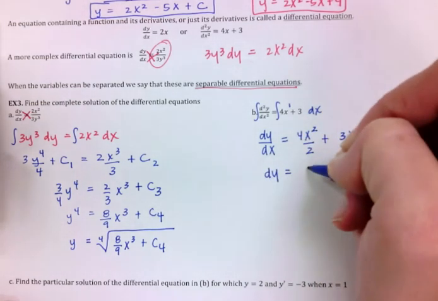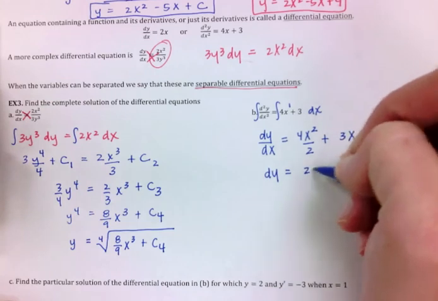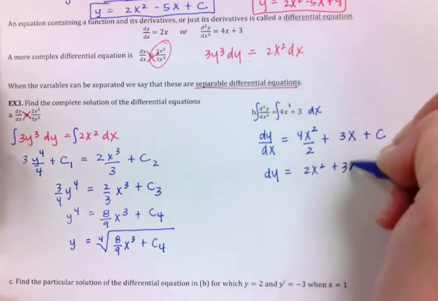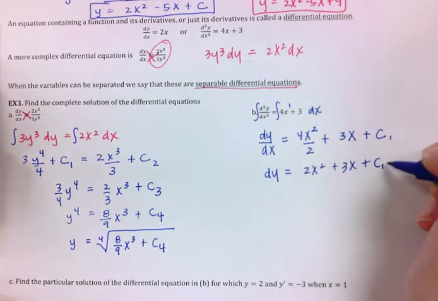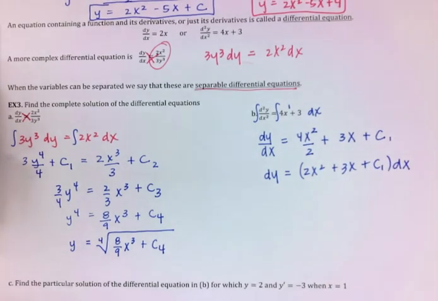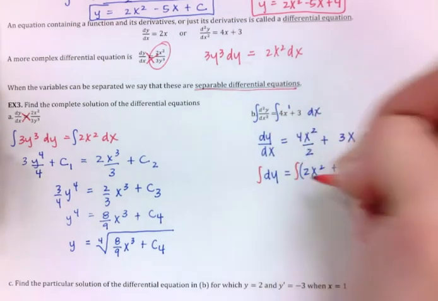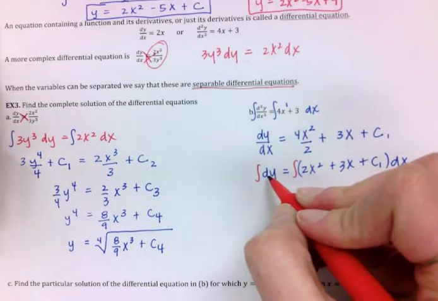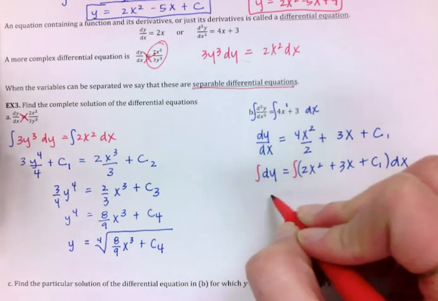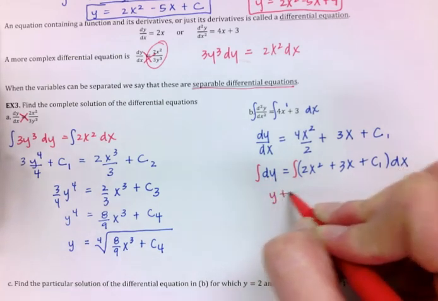You can multiply by the dx on both sides, so this would be 2x squared plus 3x plus c1, times dx. Again, we're not there yet, we want y, so we're going to need to integrate again. If we integrate here, the integration of dy is just going to be y plus a constant.